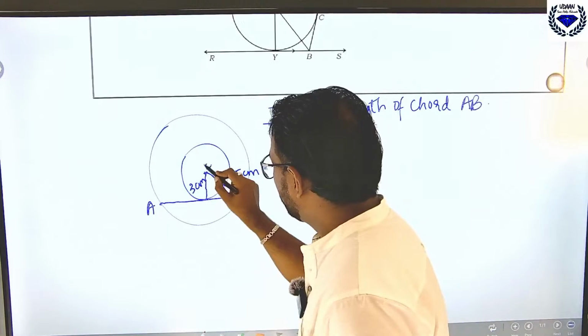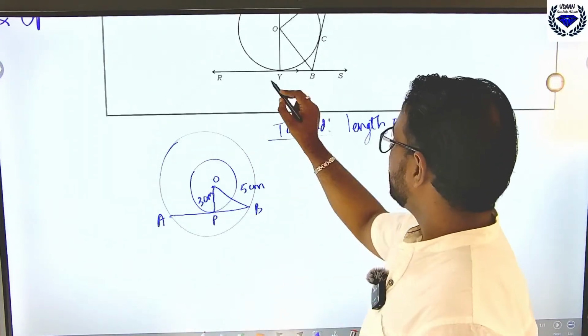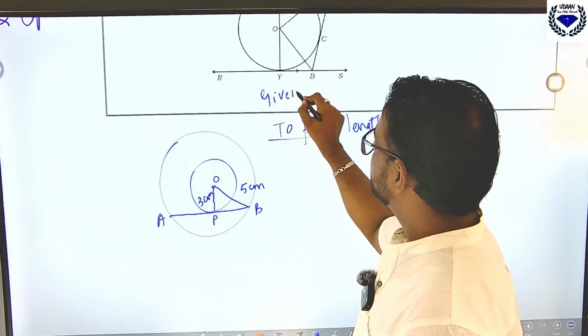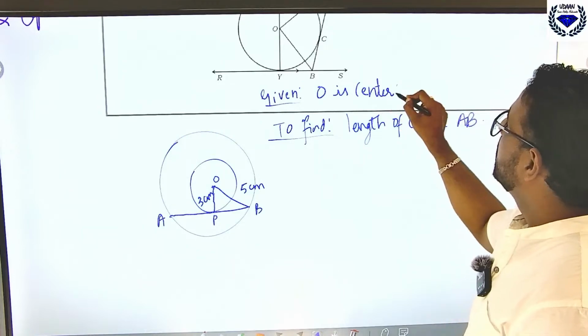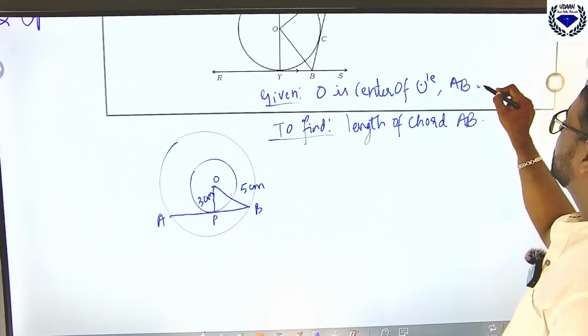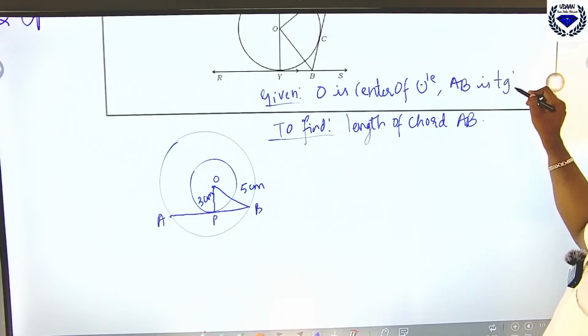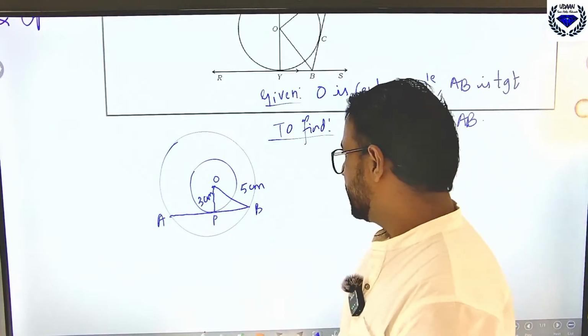So given, what can you write? In given, you can write O is the center of the circle, P is the point of contact, AB is a tangent, and it is also a chord to the larger circle.